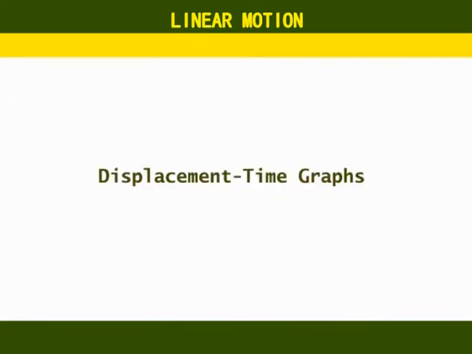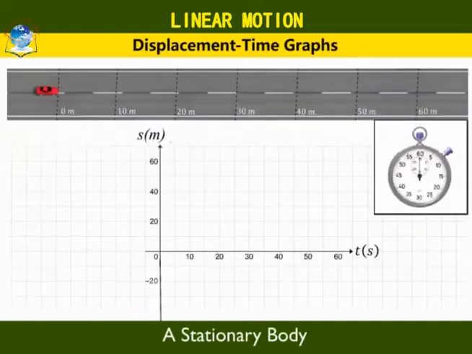Third type of graphs is displacement time graphs. The first case, the displacement time graph for a stationary body. Now just like distance, the displacement of a body does not change with time. But displacement is a vector quantity, and the position of the body may be negative or positive relative to an observer or a reference point.